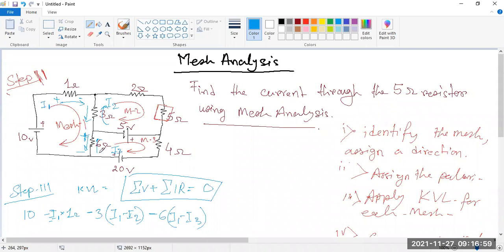If you say, no sir, current I3 is flowing here, so we have to change this direction, but it is not as per the rules. Only one direction you have to mention. Maybe in the ultimate answer the current will come with a negative sign, but then we think, no, our direction was wrong, it was the opposite direction. It is the rule.